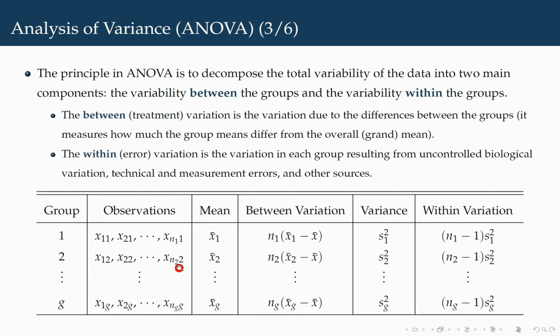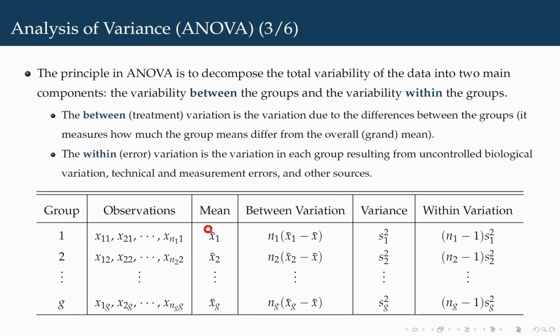The sample mean of the second group is the sum of these values divided by n2, which is x bar 2. Similarly, the sample mean of the G group is the sum of these values divided by ng, let's say x bar g. So here we have g different sample means that correspond to each of the different groups or populations.